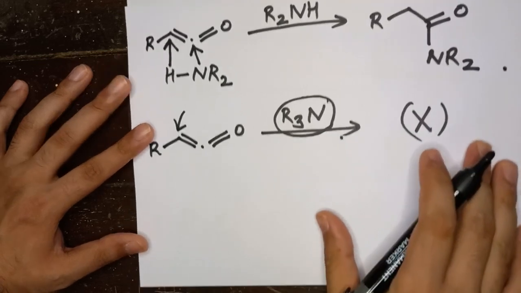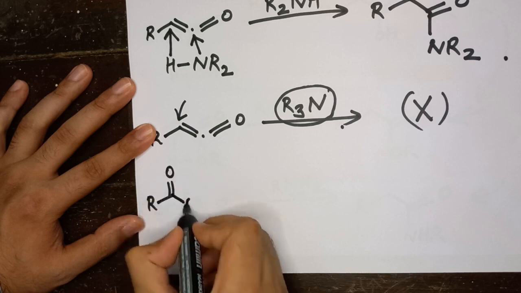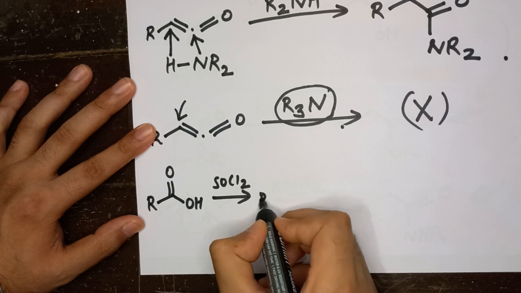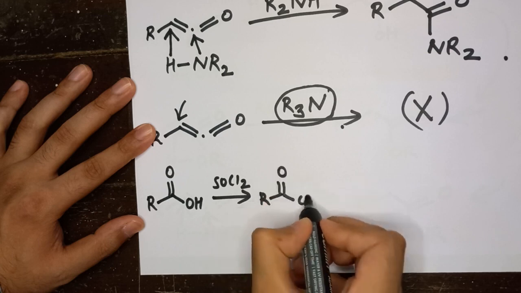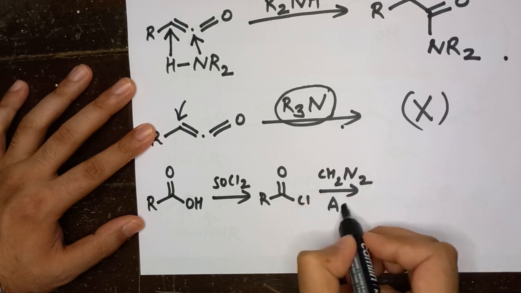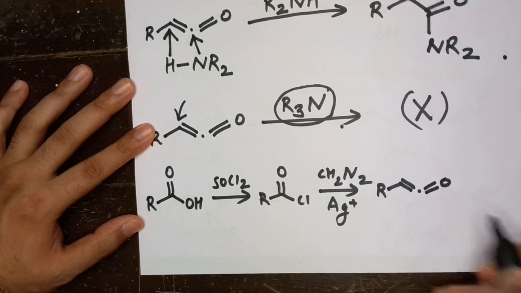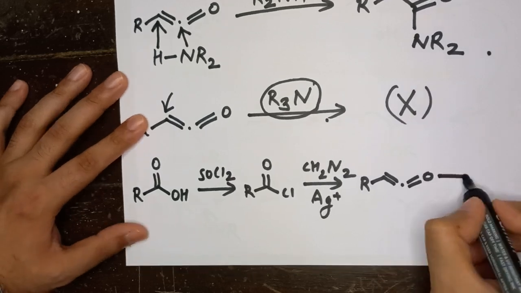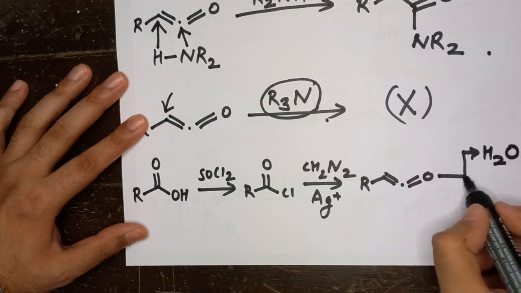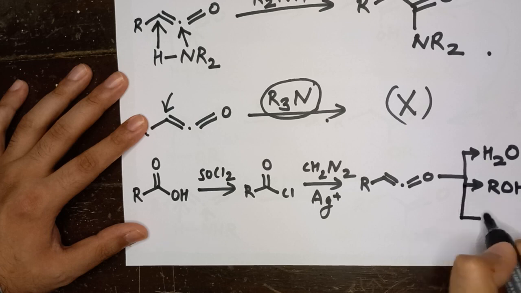So just to finally recall, we have carboxylic acid. We added SOCl2. We got acyl chloride. We used diazomethane, silver salt. We got ketene. And if I add water into ketene, I'm getting carboxylic acid. And if I add alcohol into it, I'm getting ester.